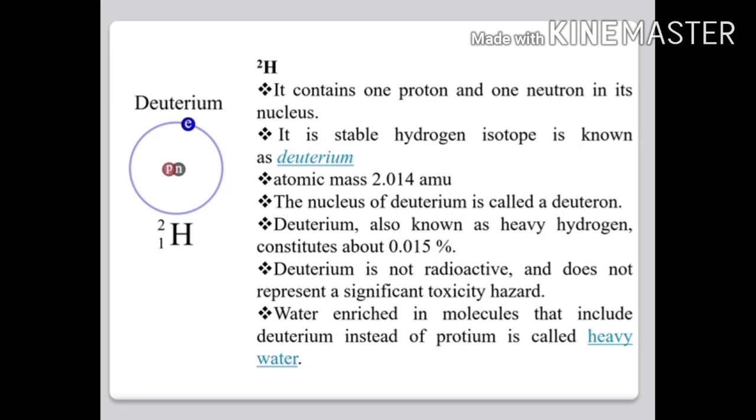Deuterium is also known as heavy hydrogen because the mass number is double compared to protium. It makes up about 0.015% on Earth. Deuterium is not radioactive and does not represent a significant toxicity hazard. Water enriched in molecules that include deuterium instead of protium is called heavy water.